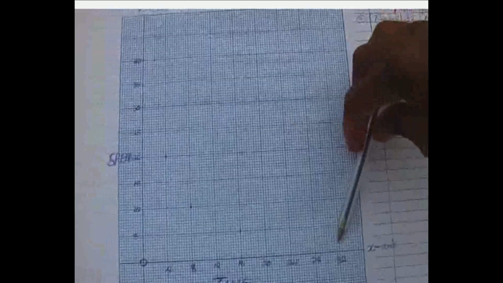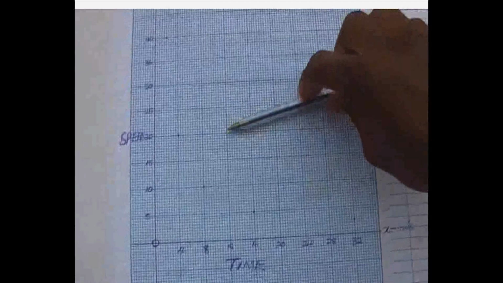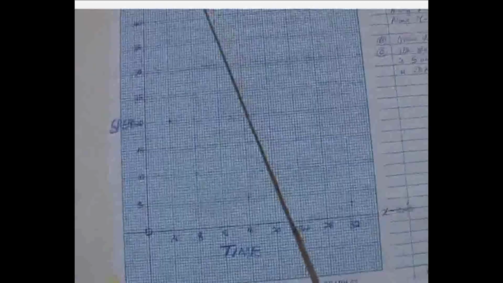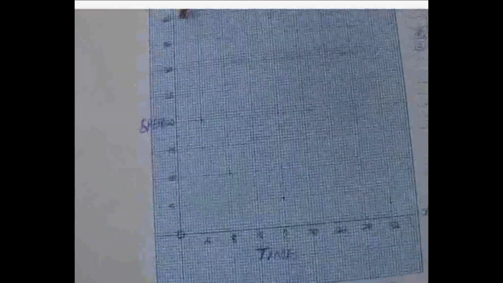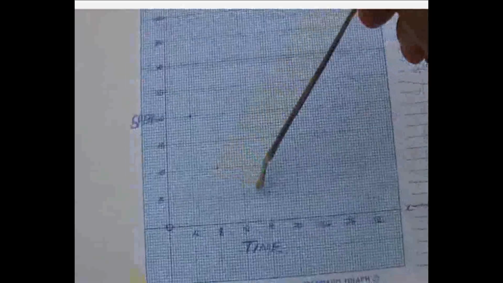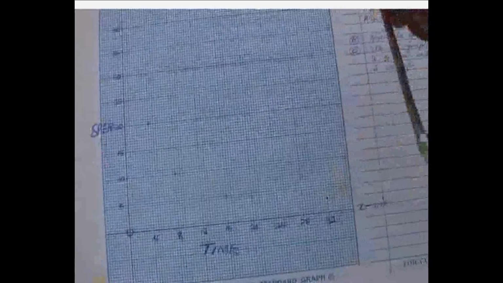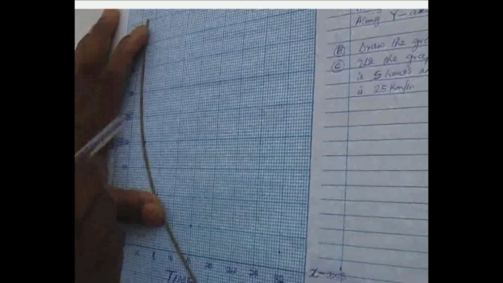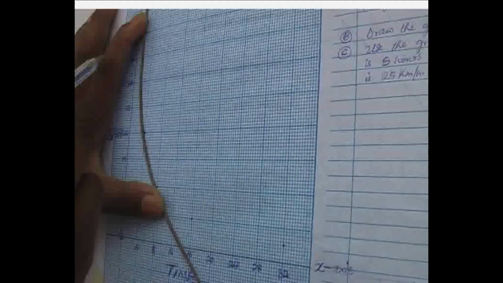By the time I show you this graph paper again, I must have used my broomstick to join these points 1, 2, 3, 4, 5 in a curve. Now you can see how I am using the broomstick to join the line.